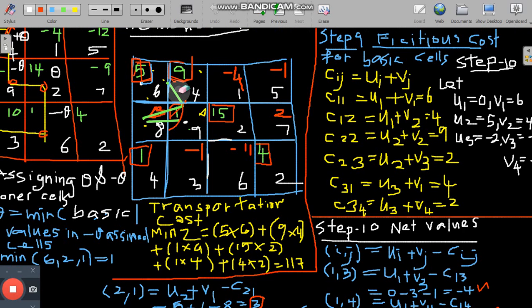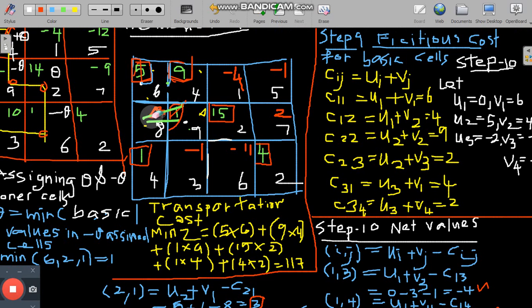Some problems here: this should not be there, this also should not be there.